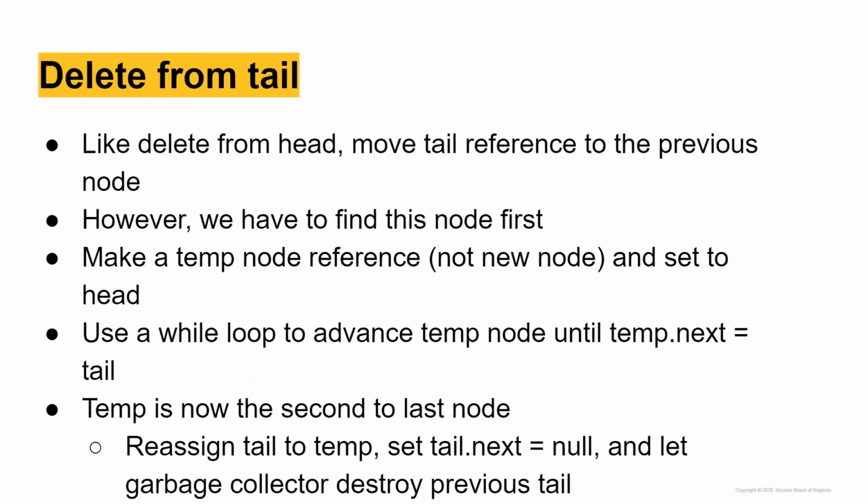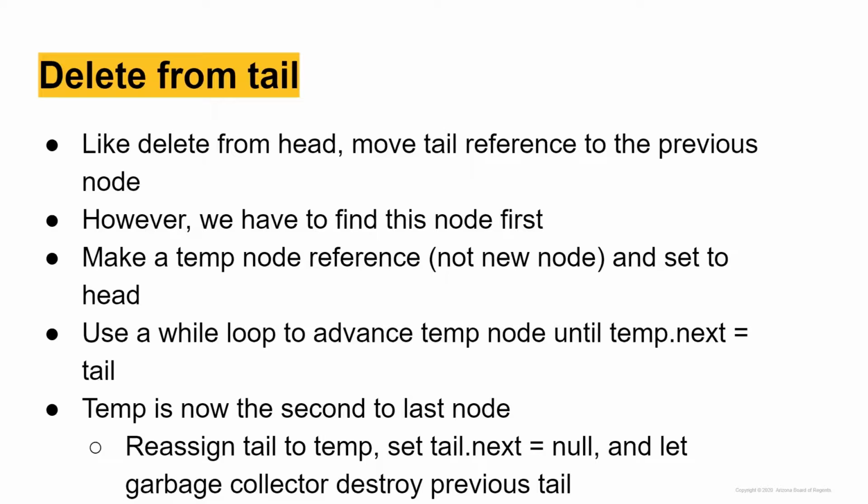All right, let's talk about deleting from the tail. Like deleting from the head, we need to move the tail reference to the previous node, right? Because if we move the head reference to the next node and let the previous head node just get deleted on its own, wouldn't it make sense to just move the tail to the previous node and let the tail be deleted?